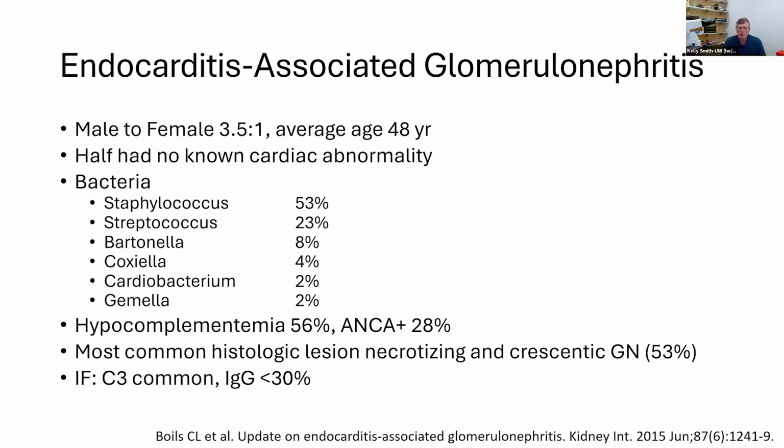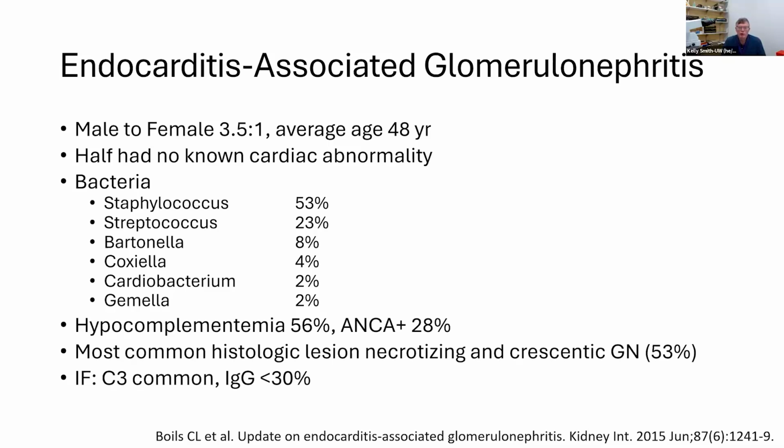That might be something that misleads people or directs people away from thinking about an immune complex-mediated disease. The most common histologic lesion in this case is necrotizing and crescentic glomerulonephritis. I think this is important for everyone: when you see a necrotizing and crescentic glomerulonephritis, you should always include an endocarditis-associated glomerulonephritis in your differential, whether it's focal or diffuse, and especially when it's ANCA negative, but even when it's ANCA positive.